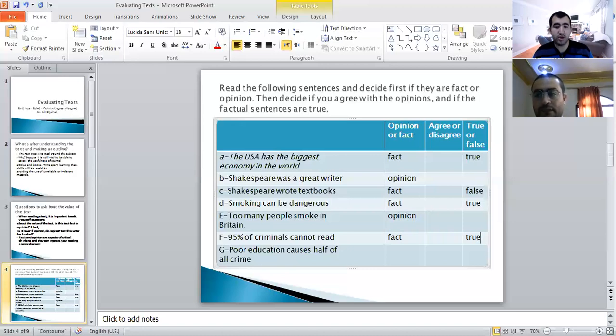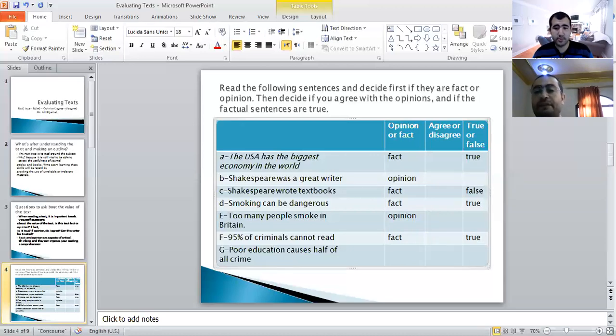If we have evidence, then it will be true. If we don't have evidence, it will be false. So 95% is a fact, and since we don't have evidence, it is fact and false.